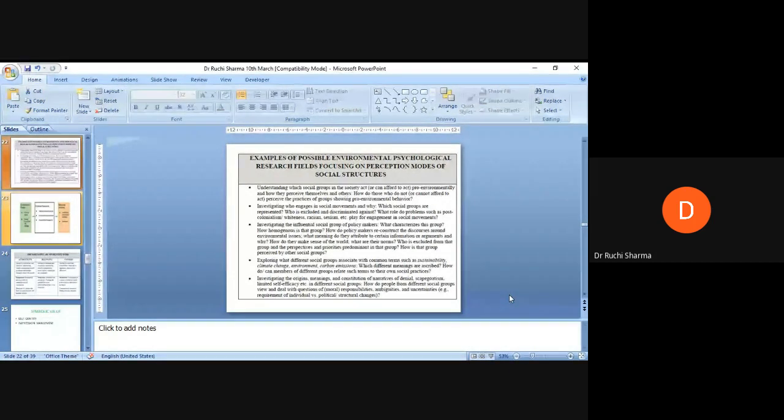It is very necessary to understand the rationale behind the promotion of a particular ideology in order to make it an intervention for creating change in human behavior.